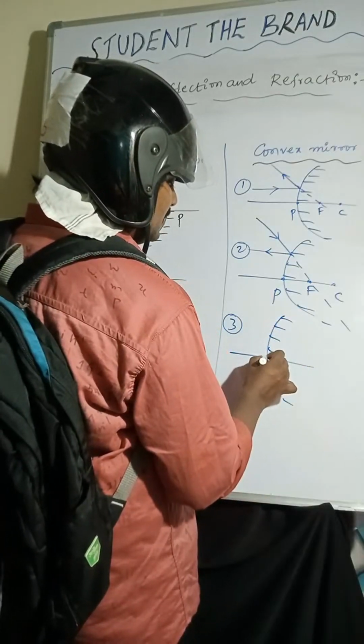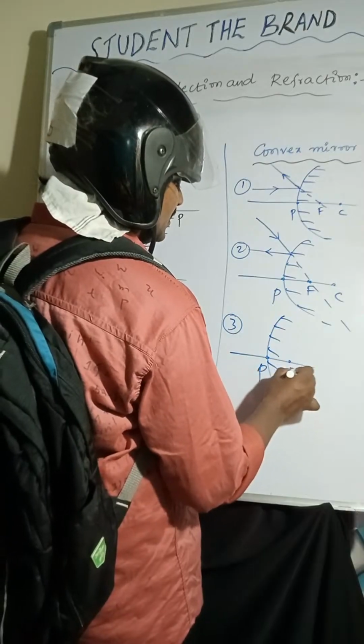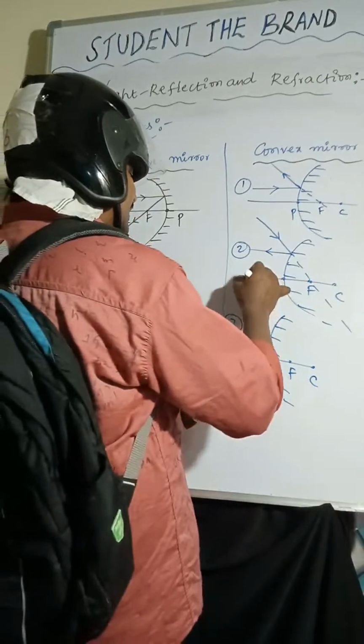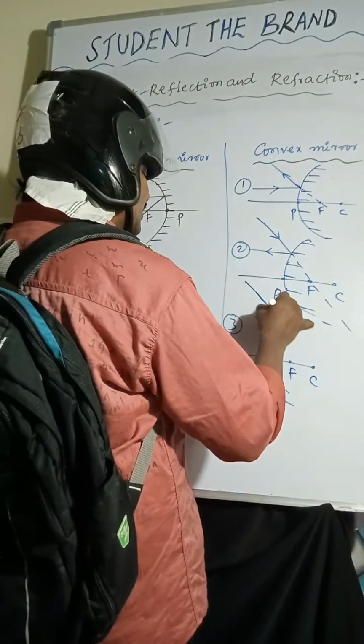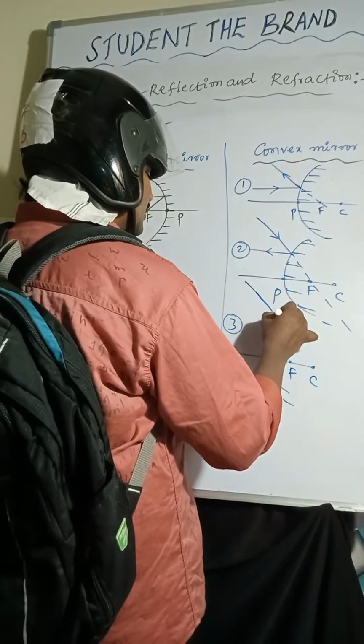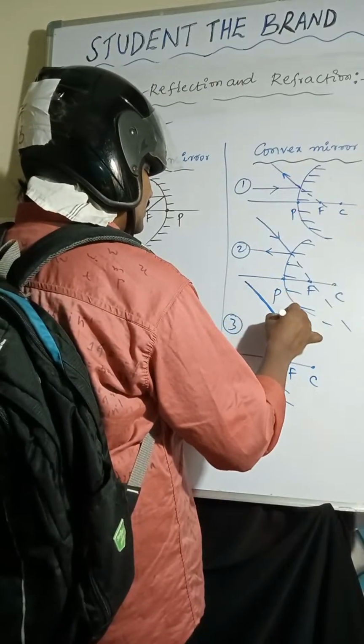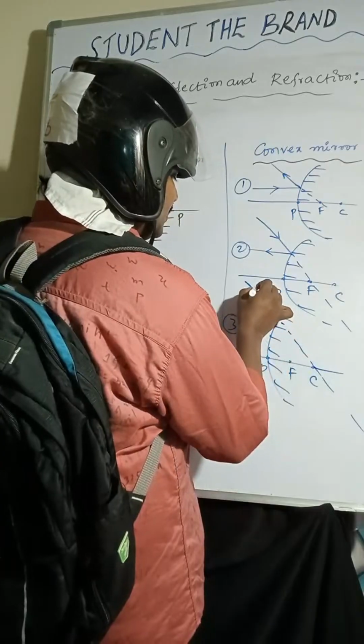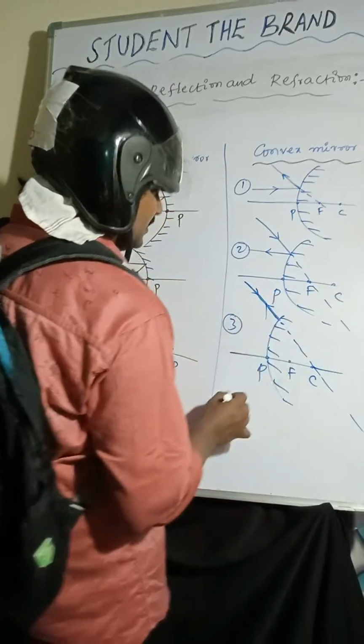Coming to the third one. Pole, focus, center of curvature. The light ray is passing through the center of curvature. It retraces its original path.